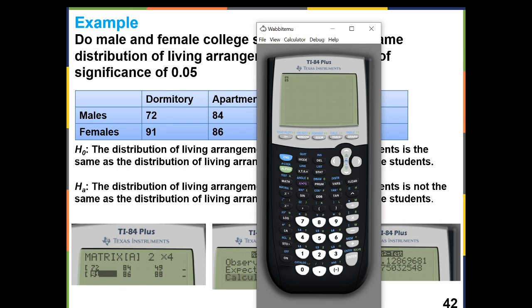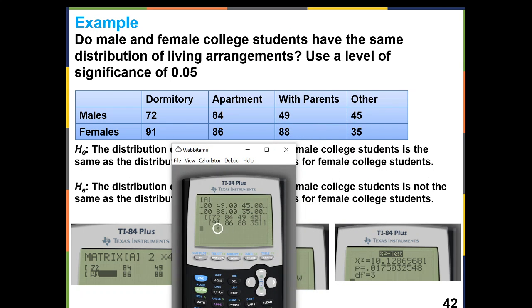Let me quit, go back to matrix, get matrix A and enter. Yes, and these were changed to 2 decimal places, so you can go to mode and change back to float. This way, if numbers don't have a decimal place, it doesn't show it. Okay, so now we have the correct matrix. Let's check, make sure we have the correct numbers. It looks like it is. Yes.